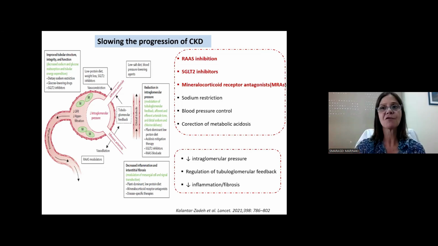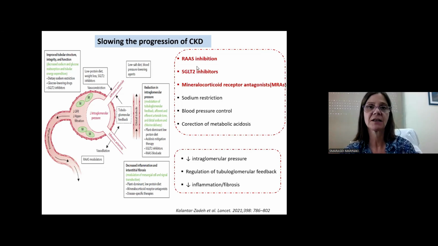But on top of them, we have, of course, nowadays, during the last 5 to 7 years, a substantial number of drugs, besides the ARAS inhibitors well known for many, many years, also new categories of drugs, such as SGLT2 inhibitors and mineralocorticoid receptor antagonists, the MRAs.